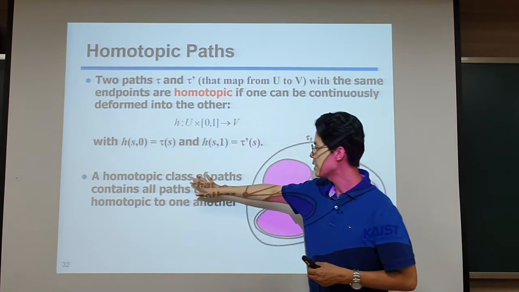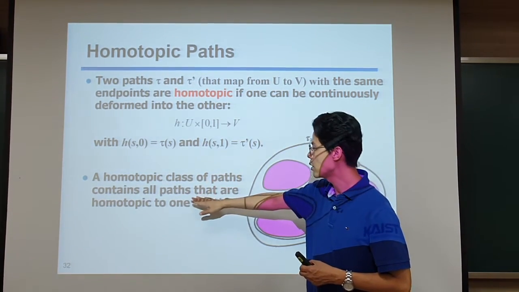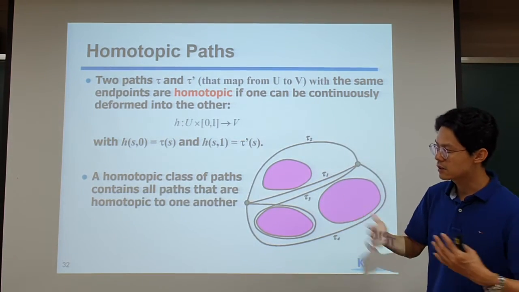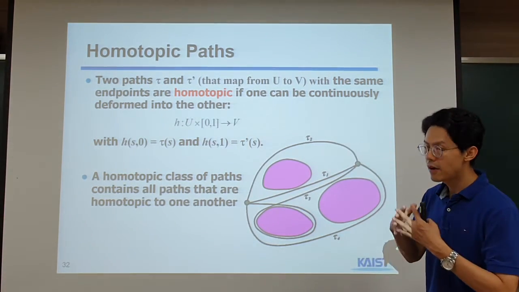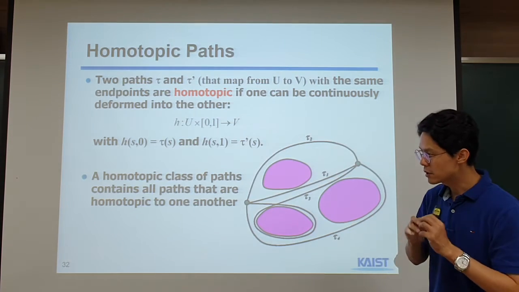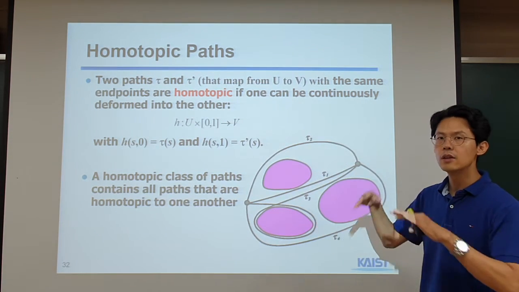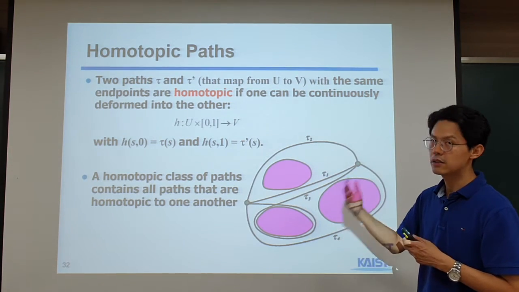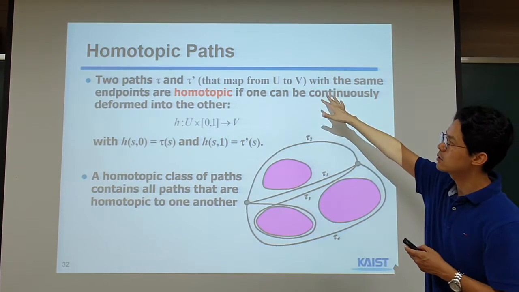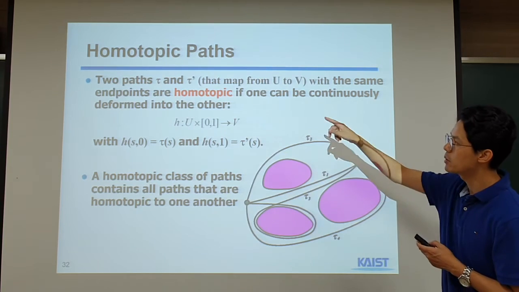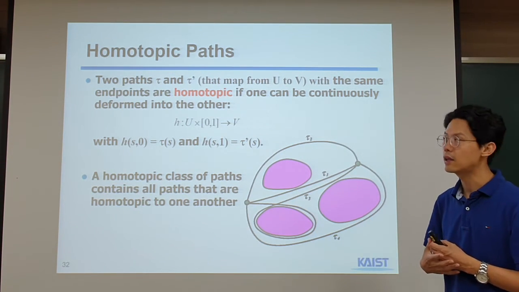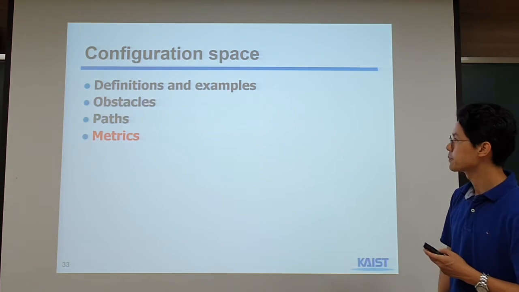A homotopic class contains all paths that are homotopic to each other, in other words, the paths that can be deformed into each other, right? So it's very important to explore different homotopic classes to find optimal paths, or even better paths. That's why I talk about the concept of homotopy. Also, sometimes when you read a paper about optimal planners, you can see this concept.